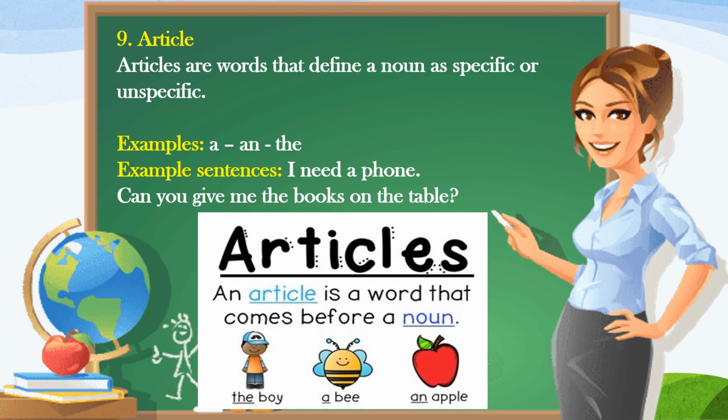So the articles are words that come before a noun. The boy, a bee, an apple. Of course, you can notice the difference between a and an. A comes when the word starts with a consonant letter, while an is used when the word starts with a vowel.